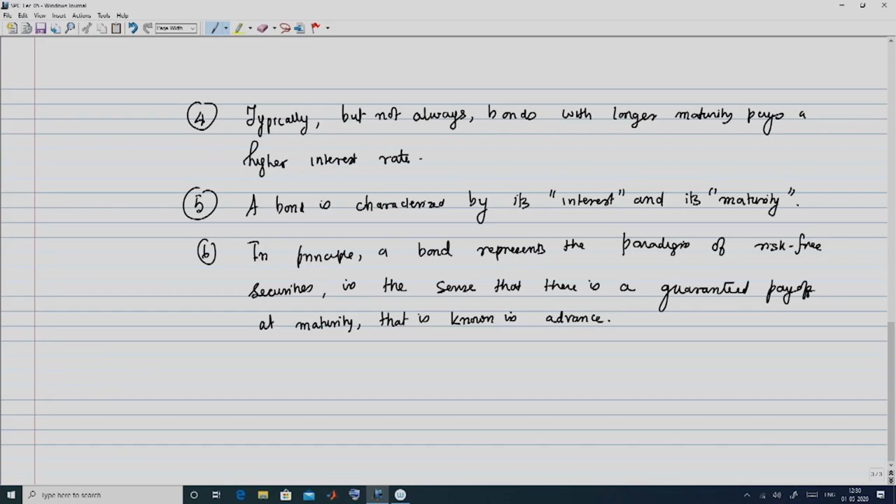So, let me illustrate this with a very specific example. Suppose you have purchased a fixed deposit which is a bond, and you have invested an amount of 100 and the interest rate is 10% per annum, the maturity is 5 years and the interest is calculated as a simple interest convention. So, this means that at the end of 5 years on your investment of 100, you are going to get 10% each year, that means 10 each year, amounting to a total of 50 at the end of 5 years.